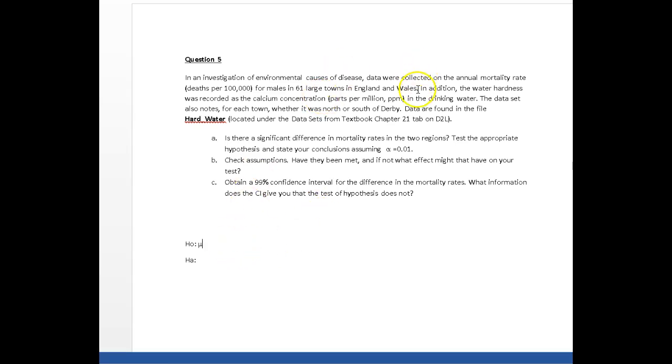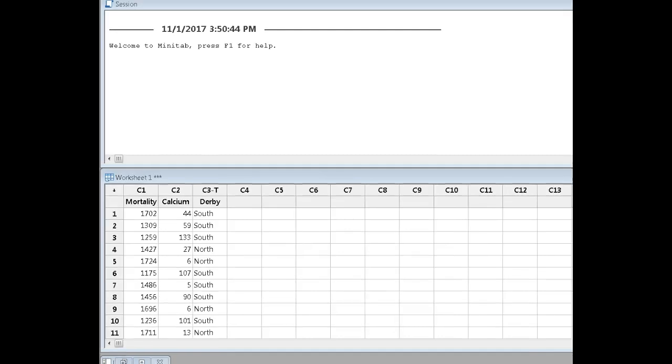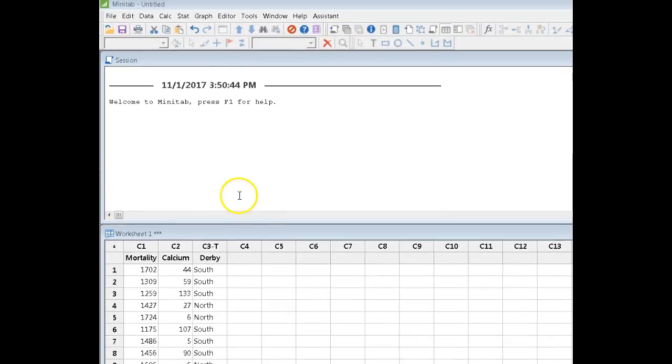Alright, we are comparing mortality rates, but when I go into the data set, let's have a look, because usually the word rate would suggest to me that it's a proportion. But when I look at my data, I've got mortality, the number of deaths of males per 100,000.